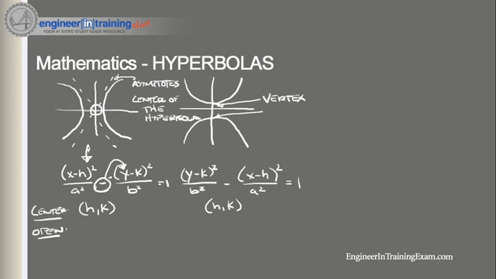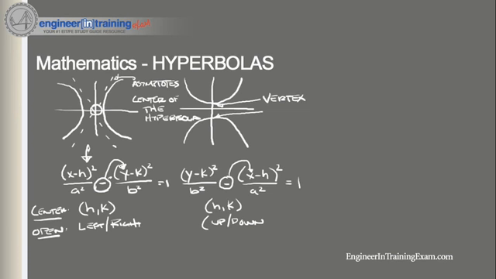Now the one that opens up and down, this negative sign is going to be in front of the x term. So if it's in front of the y term, it opens left and right. If it's in front of the x term, then it opens up and down.